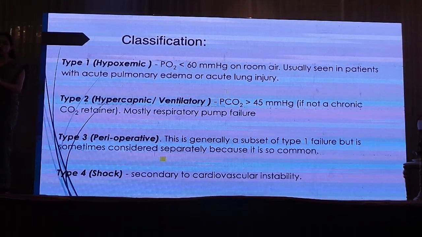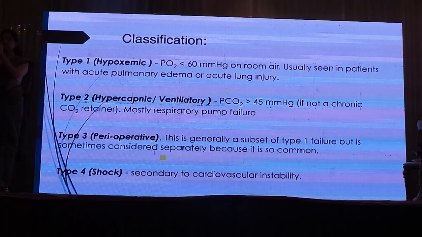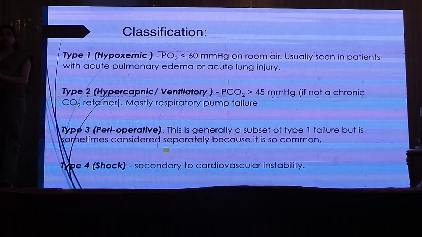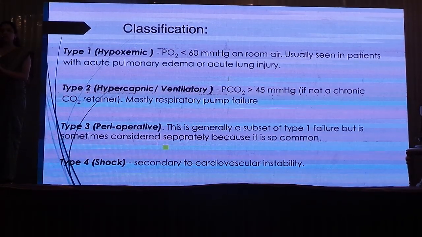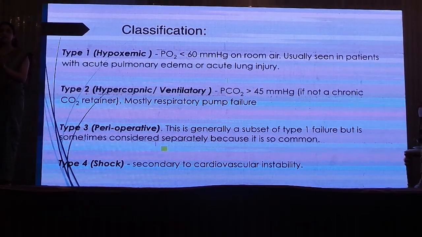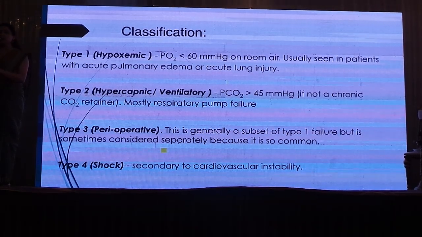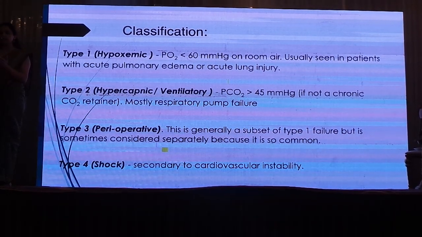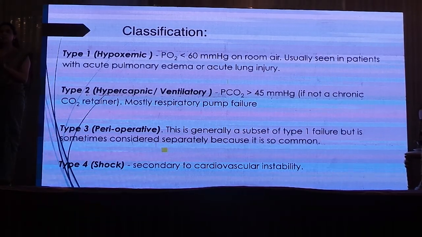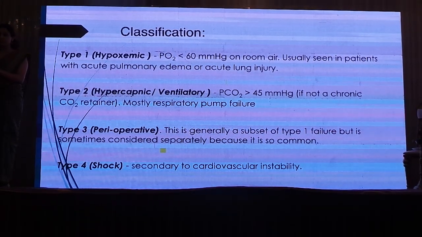Now coming to type 2 or hypercapnic ventilatory failure, PCO2 of more than 45 mmHg. This we're talking on an arterial blood gas analysis, on an ABG, when we do an ABG. So, if a person is already not a chronic retainer, and the most common cause is respiratory pump failure.